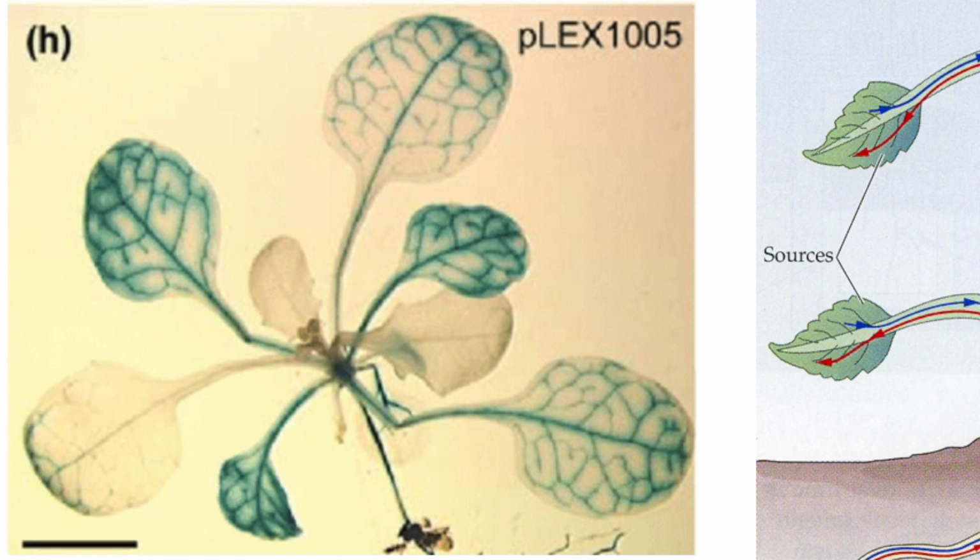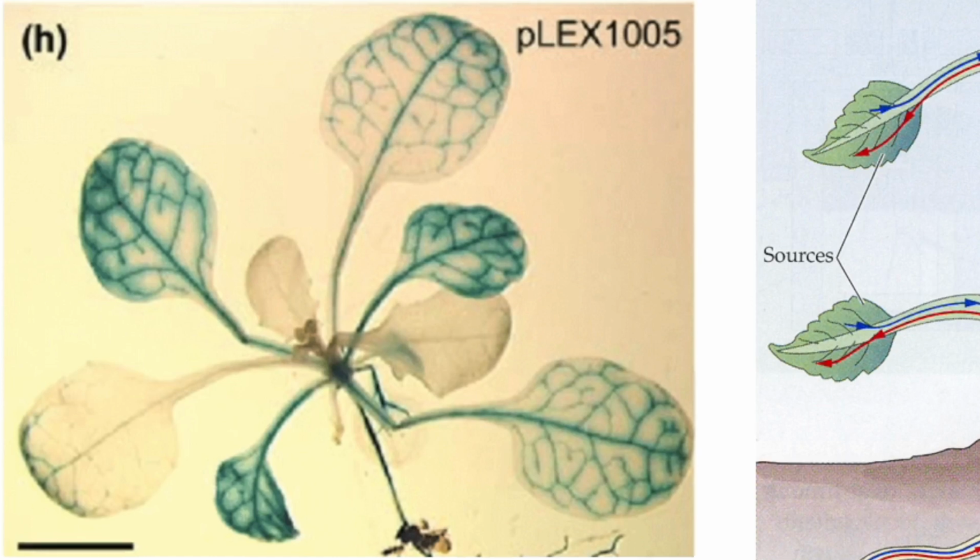And what you can see in the center is the young leaves are completely white. There's no blue showing up. So the sucrose transporter that is responsible for phloem loading is not present in those leaves. That is, those leaves are sinks, not sources. They are not exporting sugar. And then as we get to older leaves, we begin to see the development.